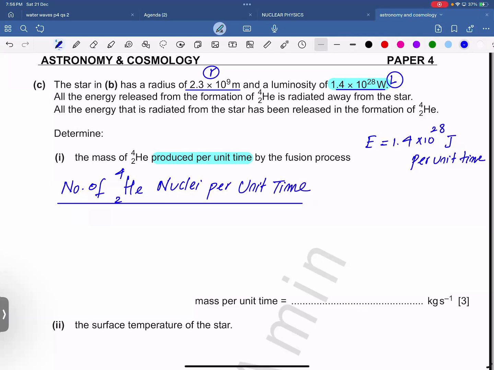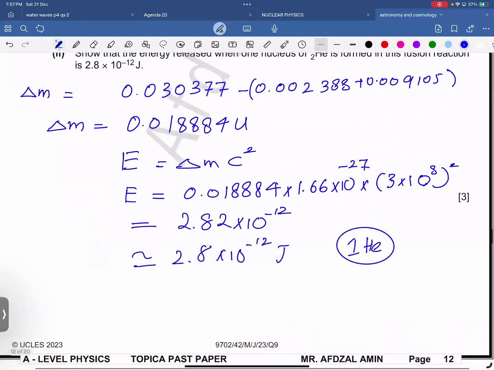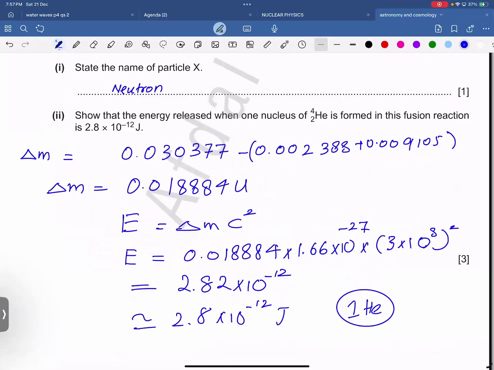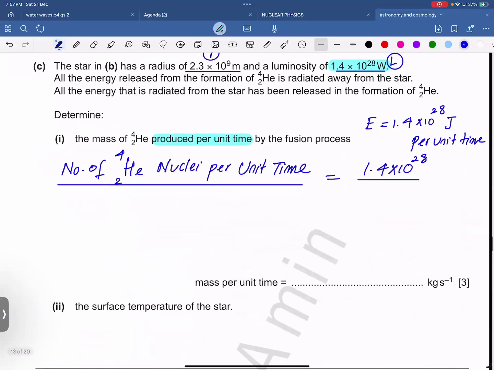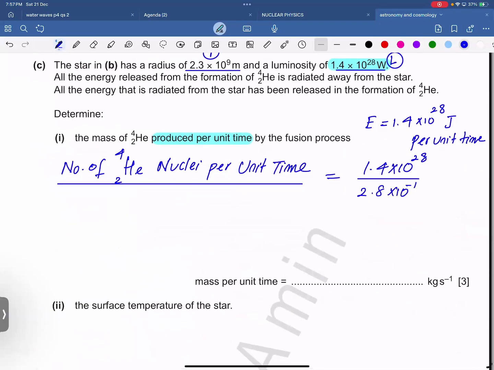Dear students, total energy is 1.4 into 10 power 28 joules per unit time. Divided by one nucleus, how much? 2.8 into 10 power negative 12. This many nuclei per unit time, per second. 5.0 into 10 power 39 nuclei per unit time.